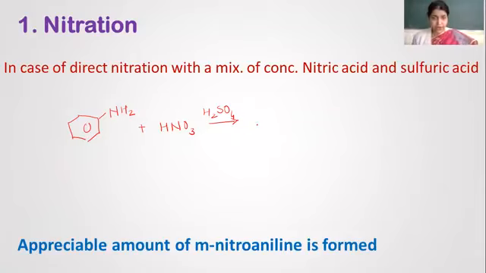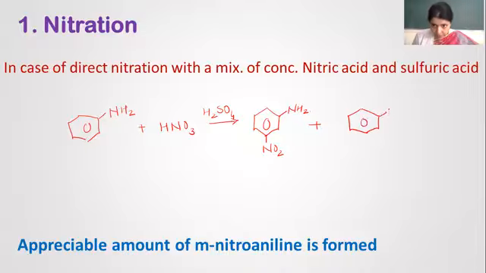In this condition, nitronium ion is formed as the electrophile, and the products formed in this particular reaction: suppose if this is NH2, the nitro group can be present on the meta position, the nitro group can be present on the para position, and the ortho isomer can also be formed.